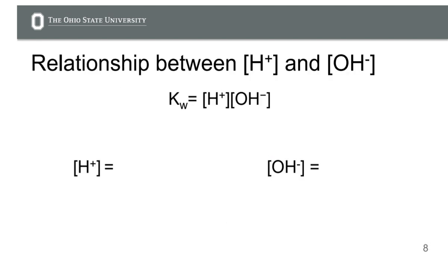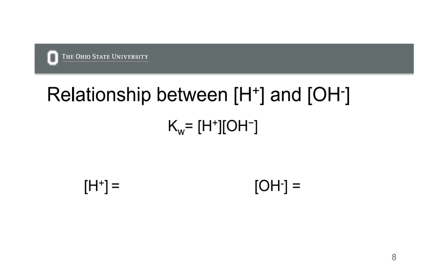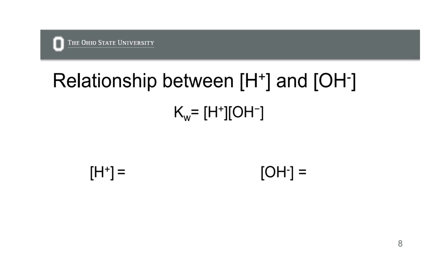Okay. So H plus and OH minus are related. They're related by the Kw. And if you recall, Kw is the equilibrium constant of water. Well, let me do it this way, since I've written it as H plus.